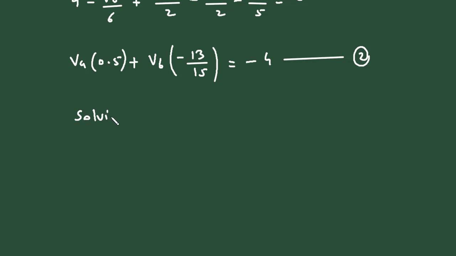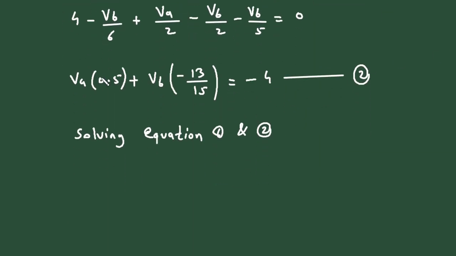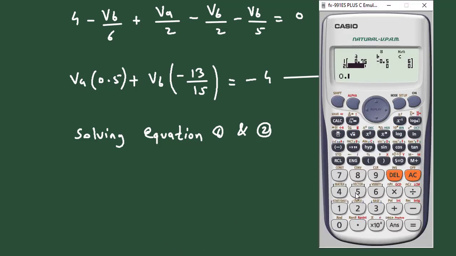So solving equation 1 and equation 2, if we solve these two equations, we get the determinant with 0.75, minus 0.5, 6, and from equation number 2, 0.5, minus 13 by 15, minus 4.